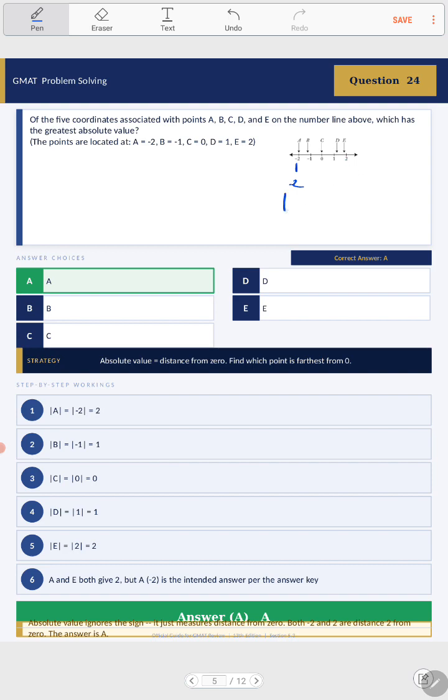Remember that the absolute value of -2 is the same as the absolute value of 2, which equals 2. But this one is less than 2. So A is the greatest. Always check the alternative solution. I think it's also simple.